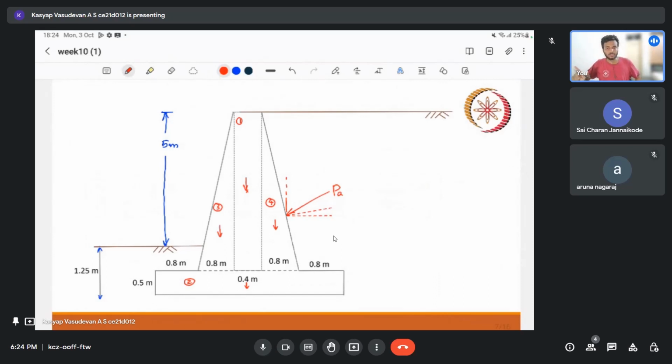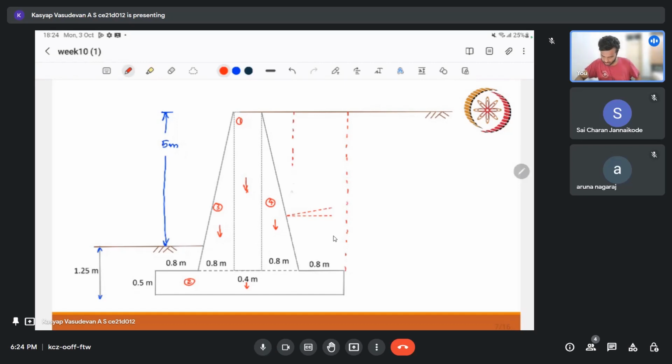Another option is using Rankine. So in Rankine's method, instead of using Coulomb's method, we will divide till here, till the heel of the retaining wall.